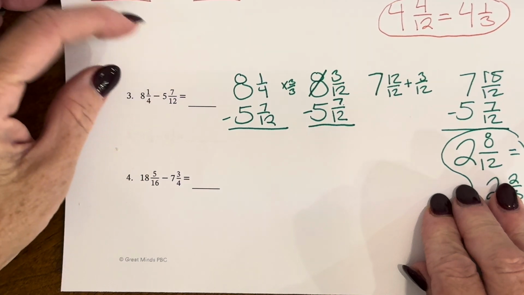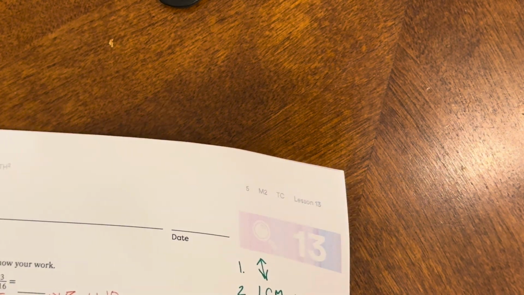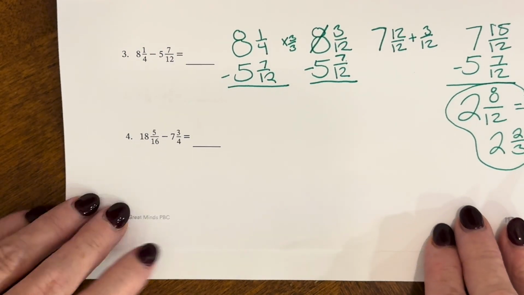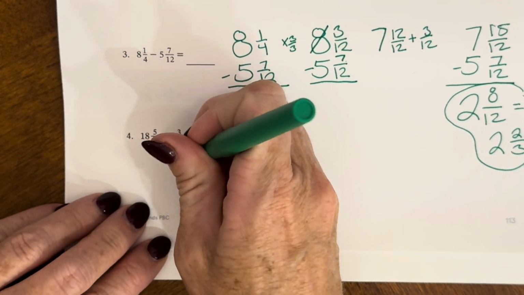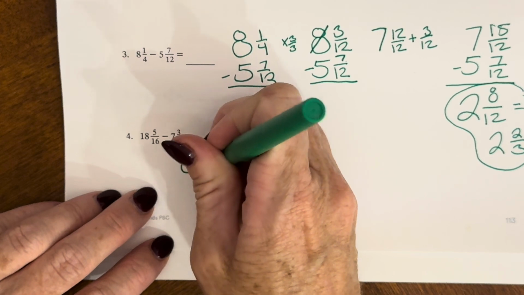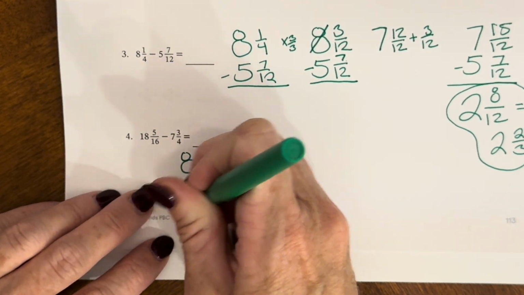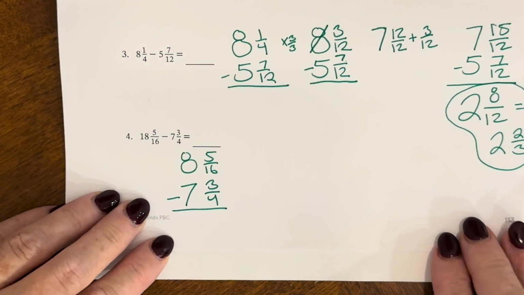Okay, we're going to go on to the next one. I'm going to fold my paper really quickly, because it's kind of getting in the way. So let's look at our next one, and it is 8 and 5/16. So we're going to set it up vertically. Subtract 7 and 3/4. So we're going to set it up like that.